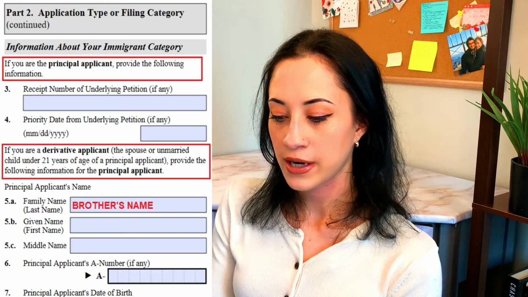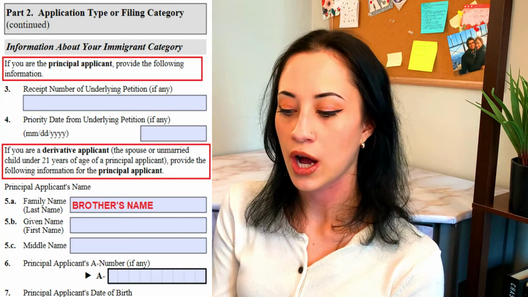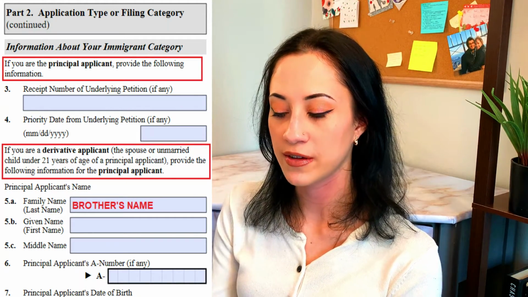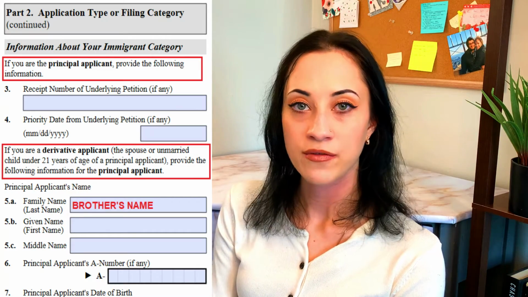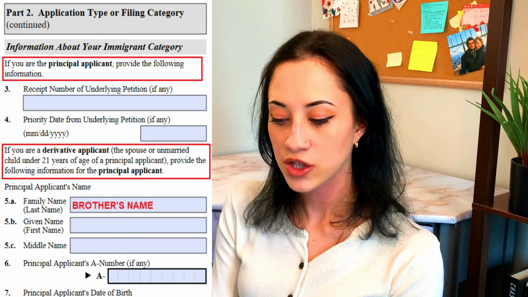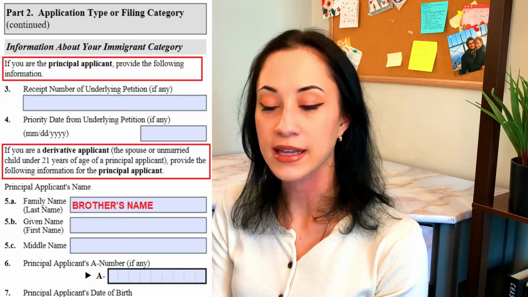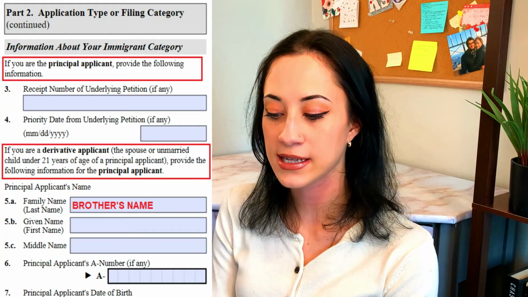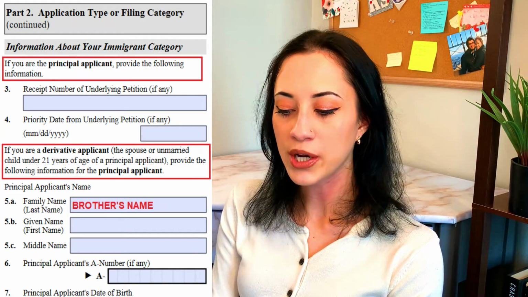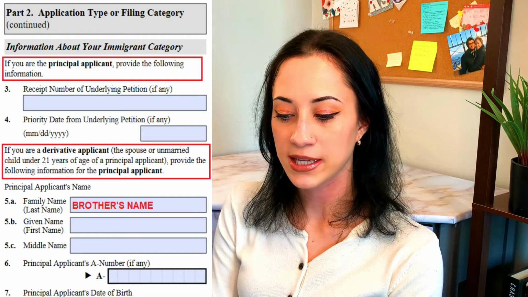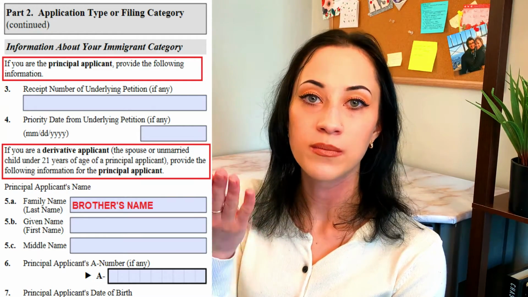So what's going to happen is in these forms, in Form I-485, your sister-in-law and her children are going to be filling out their own I-485 forms, and each of them will then be a derivative applicant, and they will be putting in the principal applicant's name in this part, which is your brother's name.